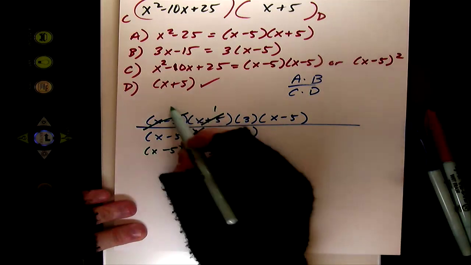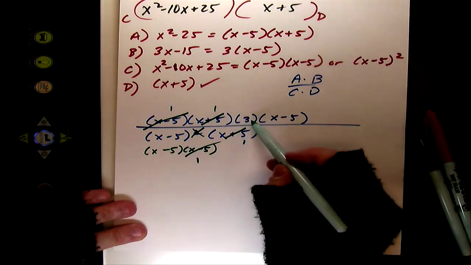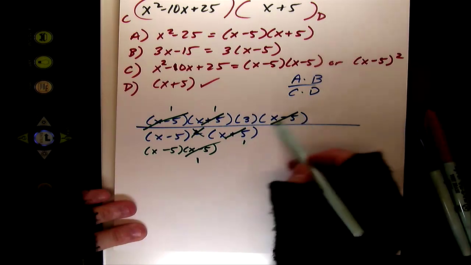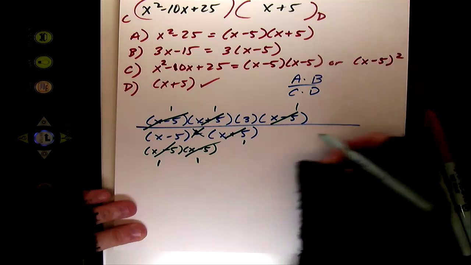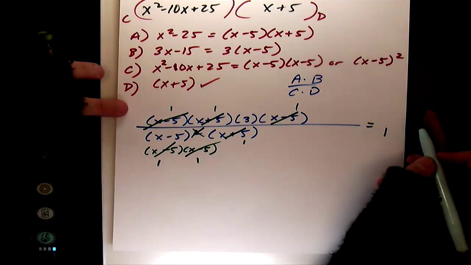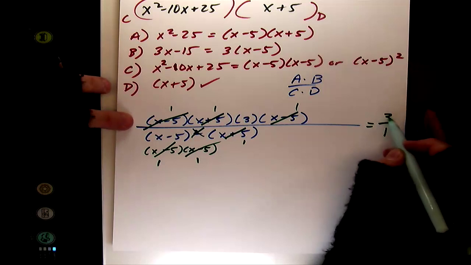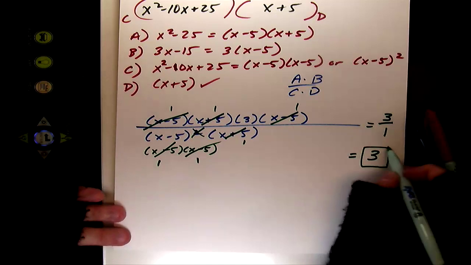Again, this leaves behind ones. 3 is not on bottom, and I have another x minus 5 over here. So all I have left on bottom is 1. And all I have left on top is 3. So that just simplifies down to 3.